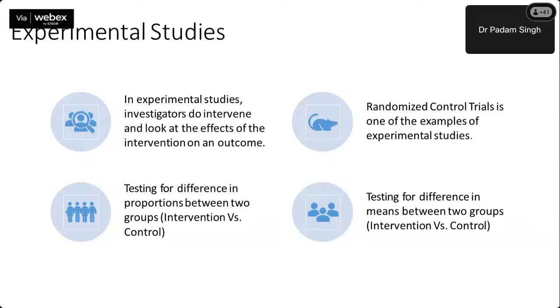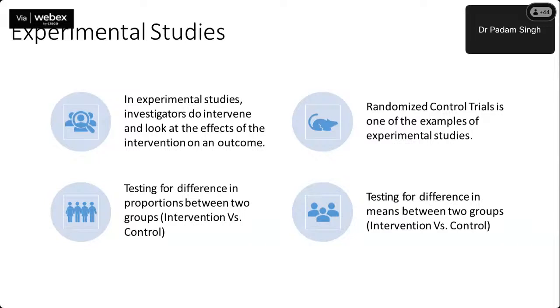One of the classical or important examples of experimental study or intervention study is randomized controlled trials. This is a unique example of experimental study, that is RCT. In these experimental studies, there are two objectives. We are interested in testing of the difference. Please note, in observational studies we were interested in estimation of the parameter.